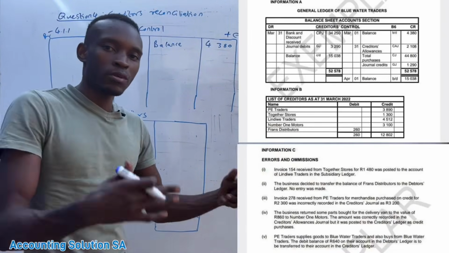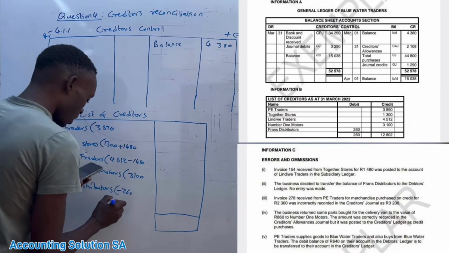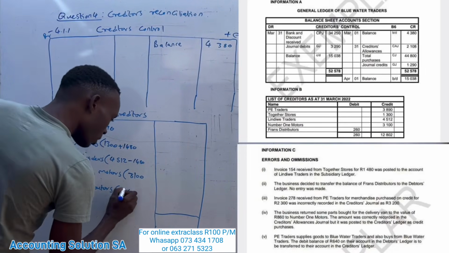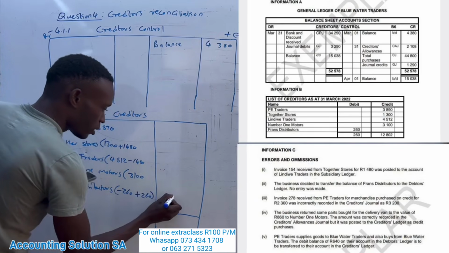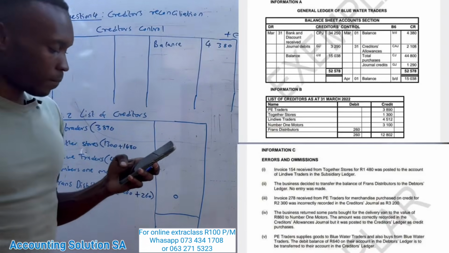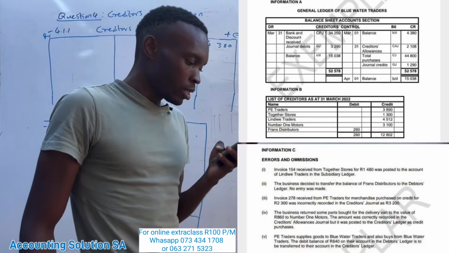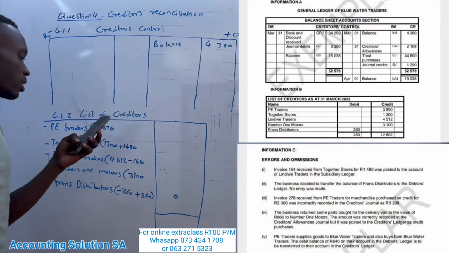We buy from him, he also buys from us. So this amount has been transferred, in other words, cancelled. To cancel 260, we just say plus 260. Then it's going to be 0 because we don't have any transaction related to him. Okay, then this is not done. This is also going to form part of what we call general credit.